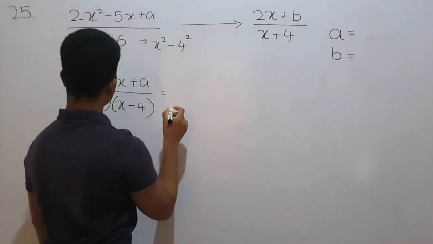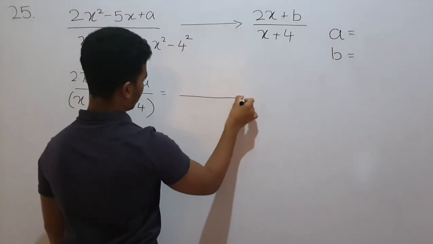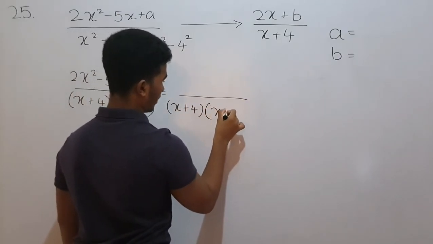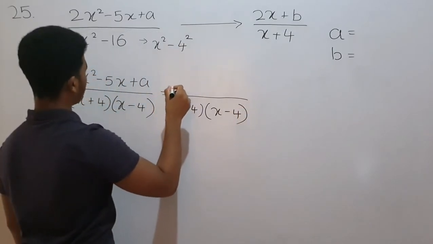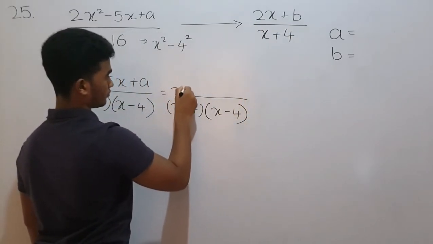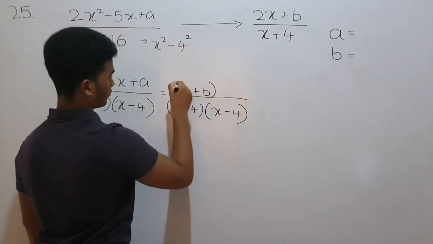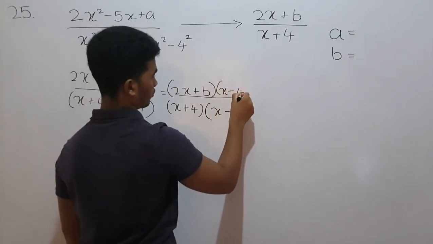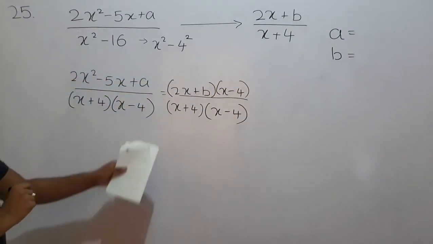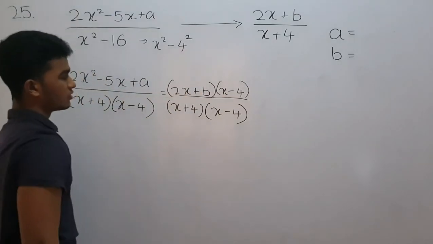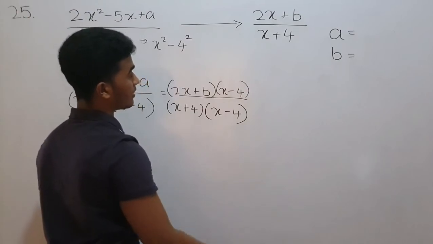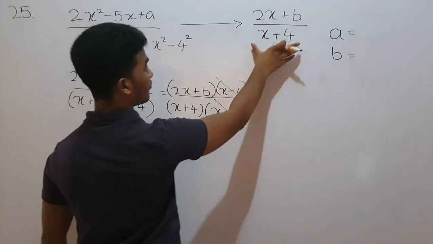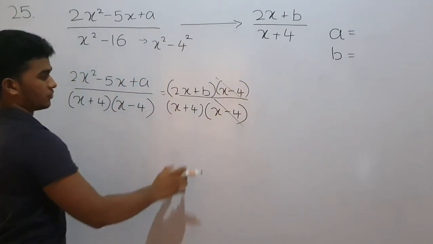So without simplifying, I'll write x plus 4 into x minus 4, and 2x plus b into x minus 4. So this thing is equal to this. Now when this and this get cancelled off, you will be getting the final answer 2x plus b over x plus 4.